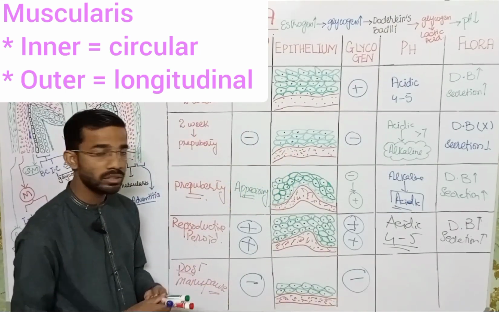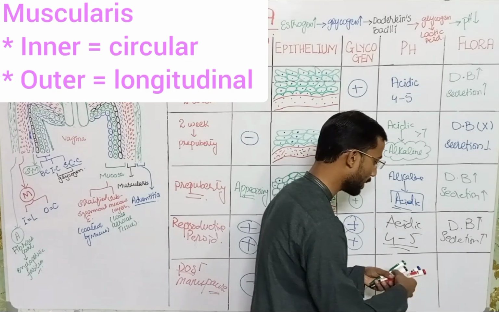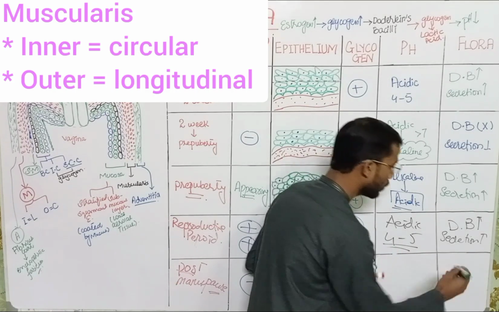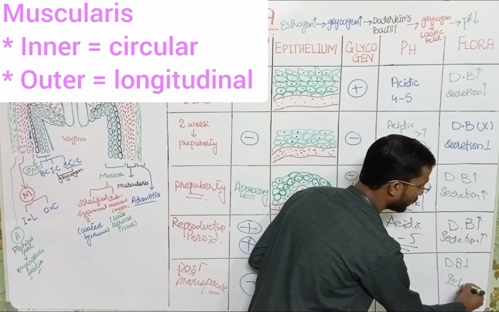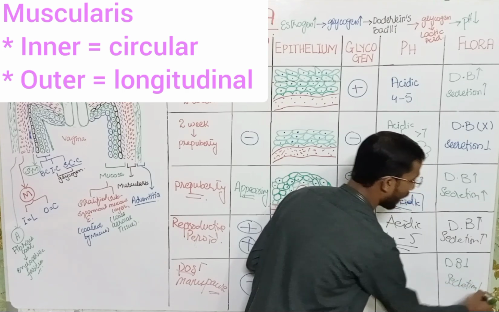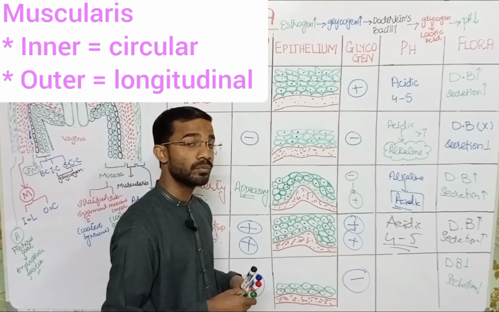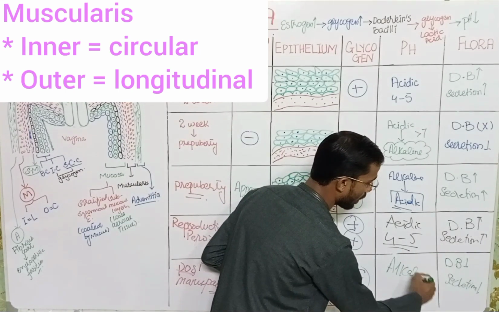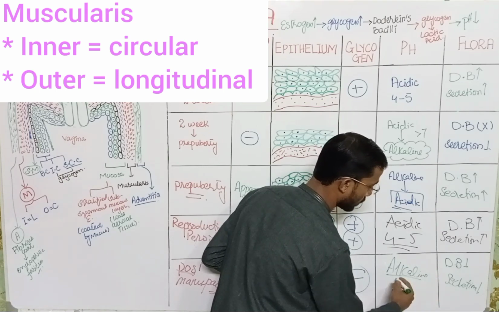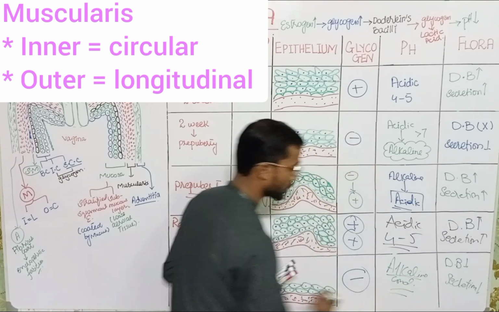If there is no glycogen, then obviously the Doderlein bacilli will also be decreased, and the secretion of the vagina will also be decreased. And in that situation you will see the pH will go towards the alkaline condition. So this is the last case.